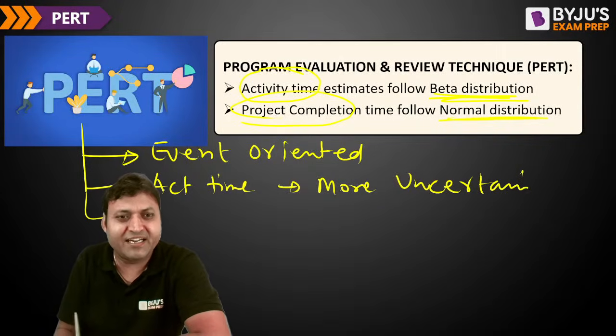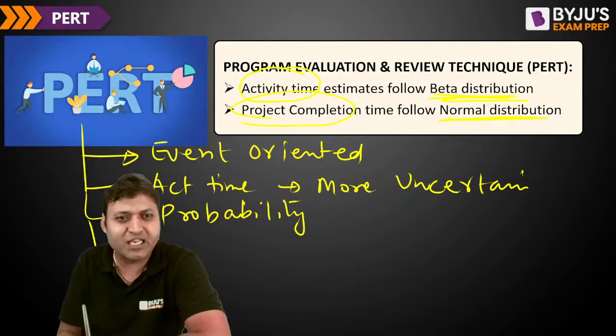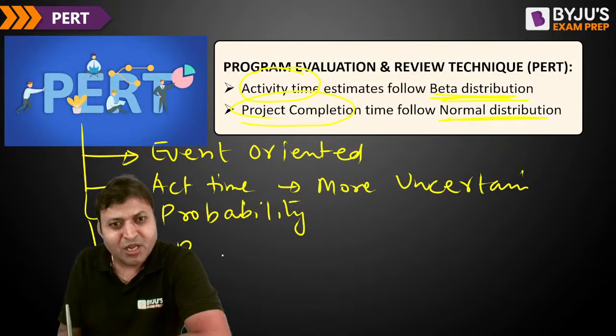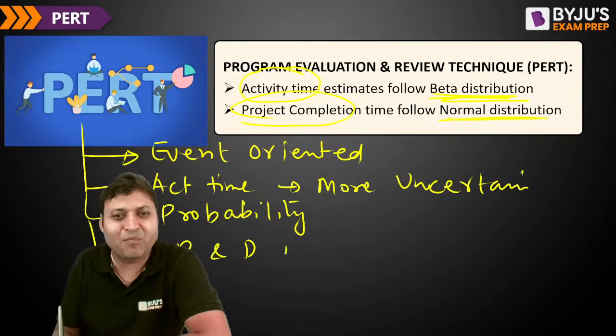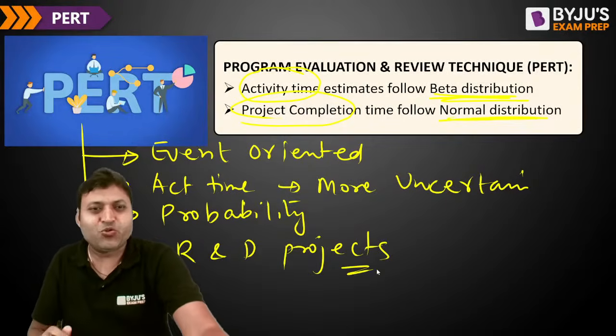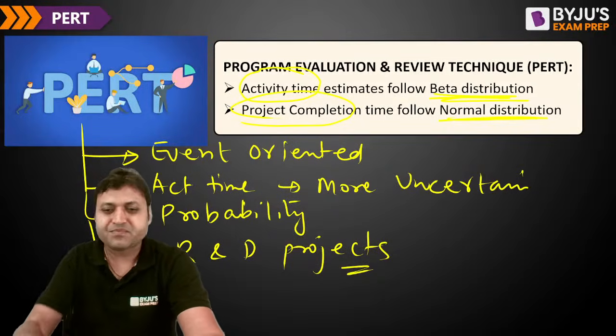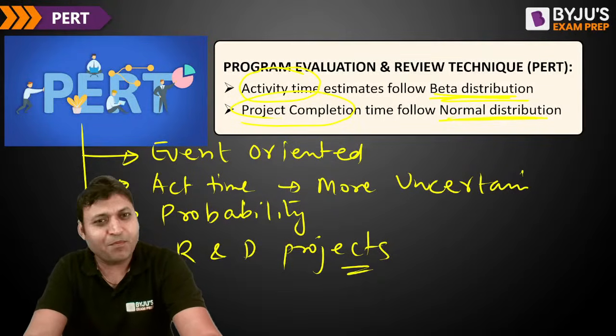More uncertainty is there, so we use probability. That approach is known as the probabilistic approach. It is mainly used in research and development projects or new projects. For existing projects, we generally use the CPM method, and for new projects, we generally use the PERT method.